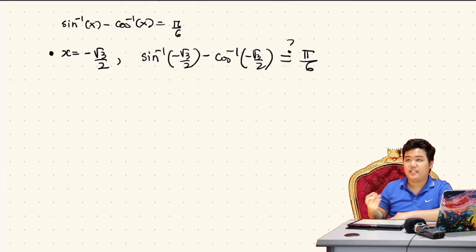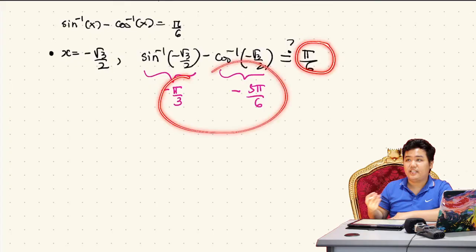So, ko-compute natin yung ito. So, you can do the scratch work gaya ng ginawa natin sa first step. And you will get that this is negative pi over 3. And this is negative 5 pi over 6. So, are these two equal? Let us check.